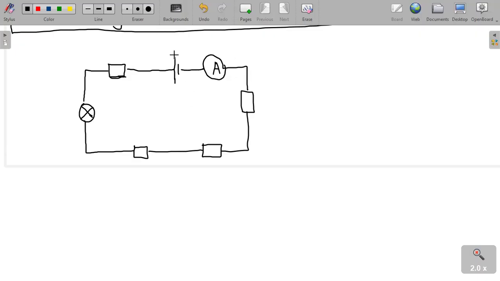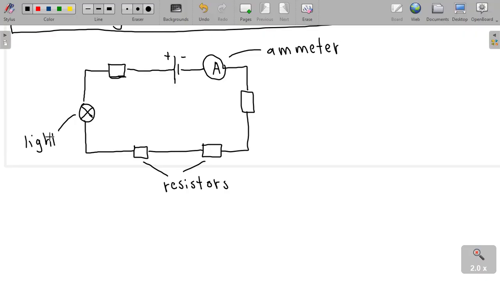The current will go from the positive terminal to the negative terminal. So these are resistors, this is an ammeter here, and this is a light bulb.